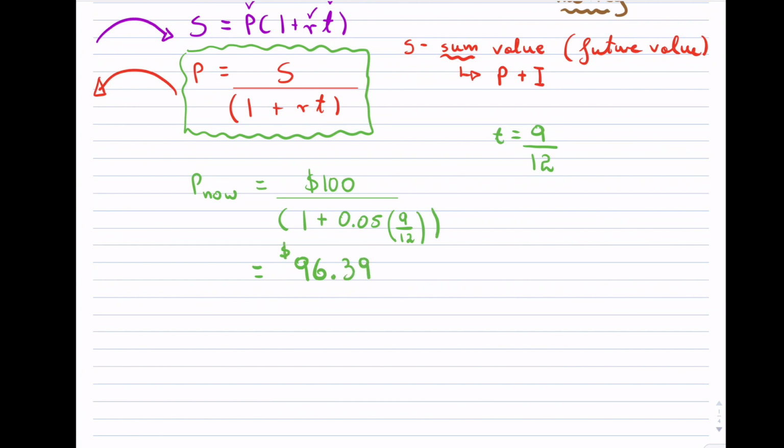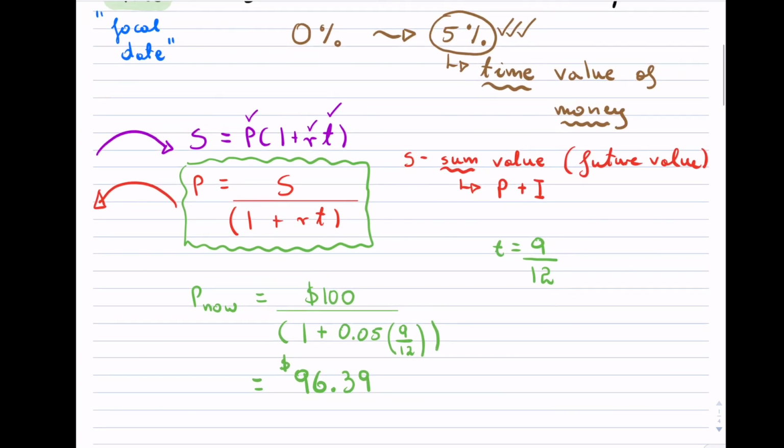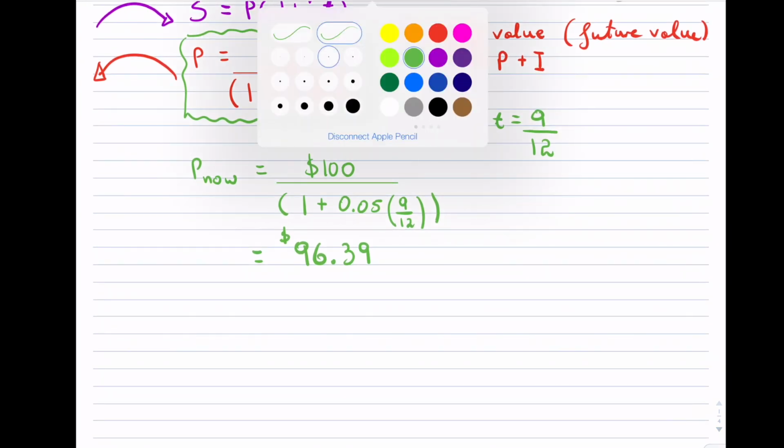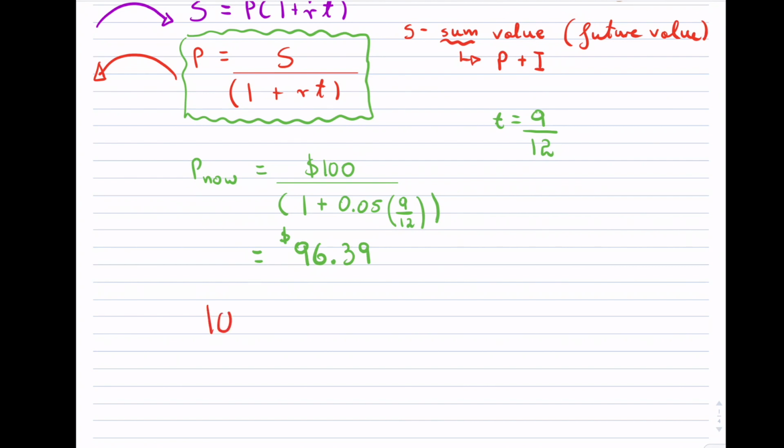96.39 rounded. So now we can talk about equivalent values, meaning I can compare the $100 that I had today, which is now, with the 100 that is 9 months away, which really turned out, as we did the calculation, to be 96.39 right now.